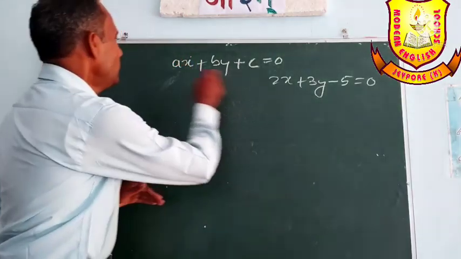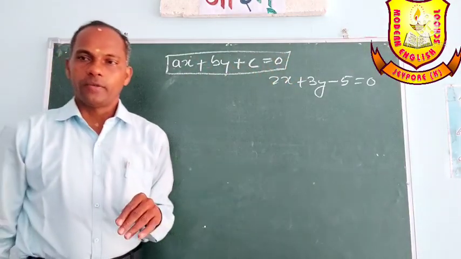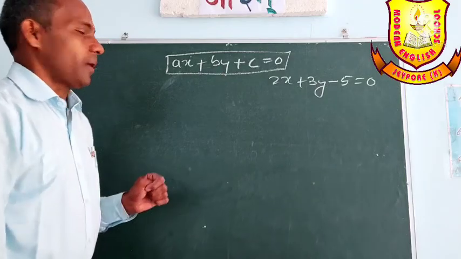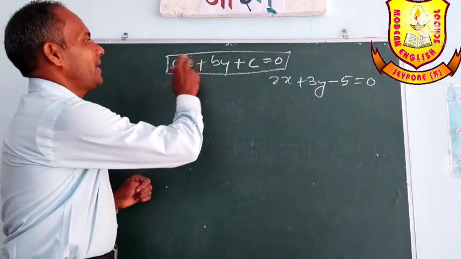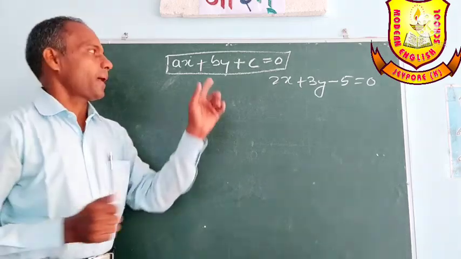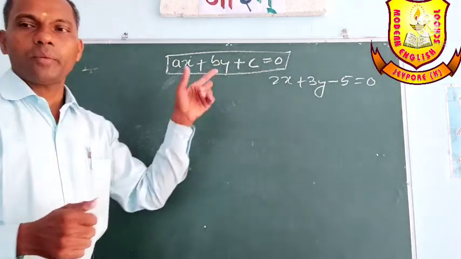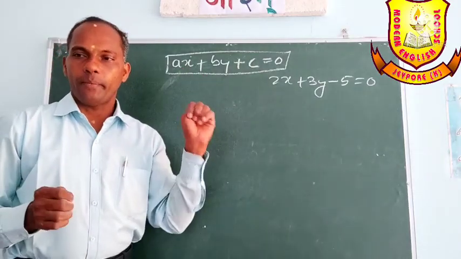Here, how can we find its solutions? They can be found by finding y. Sometimes some people find x, and sometimes some people find y.